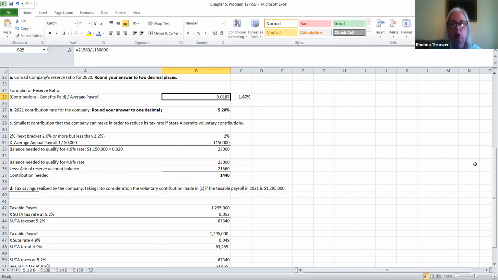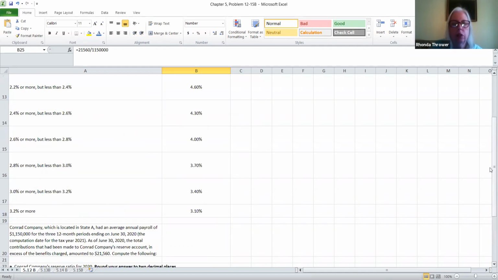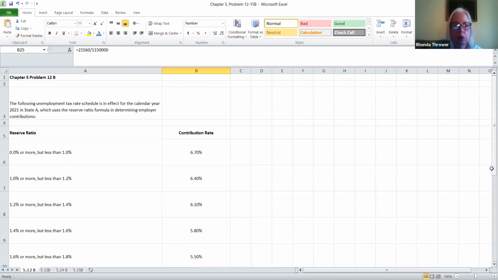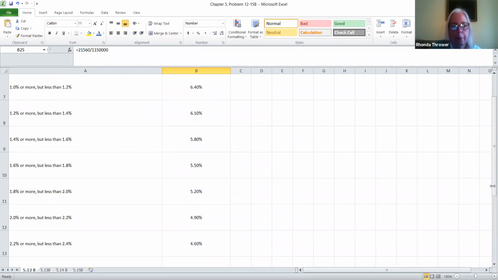So we would go to the next bracket, which starts with 2%. So we're going from this bracket right here down to the next bracket of 2%.